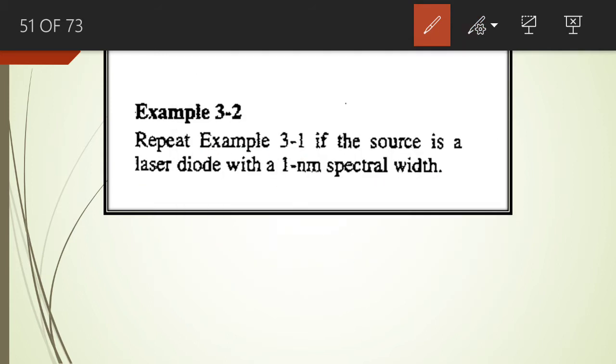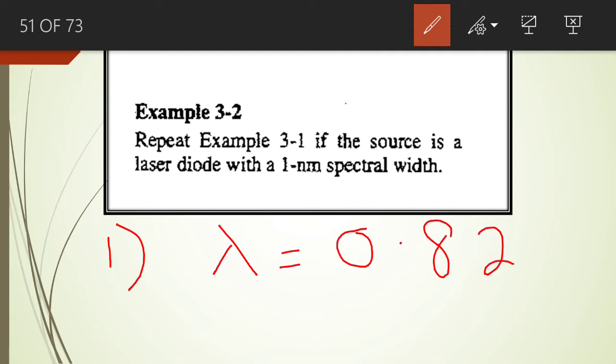In part 1 of the previous example, the wavelength was 0.82 micrometer, and at the mentioned wavelength the value of material dispersion was 110 picosecond by nanometer kilometer.